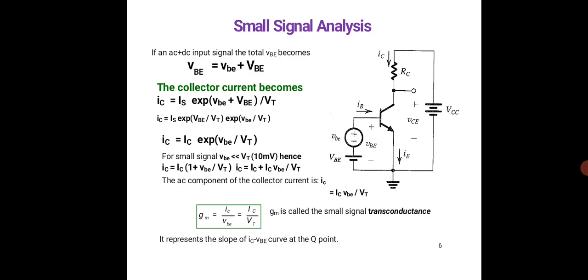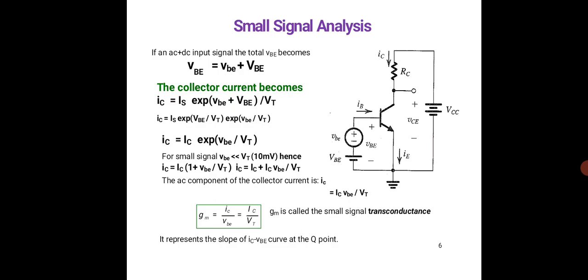Hence I can write iC is equal to IC into (1 plus vbe by VT), or iC, the total current, is equal to the DC current IC plus IC vbe divided by VT. So the AC component of the collector current, we know iC is equal to IC plus small ic, and I can write here that the AC component of the collector current is ic equal to IC vbe by VT.